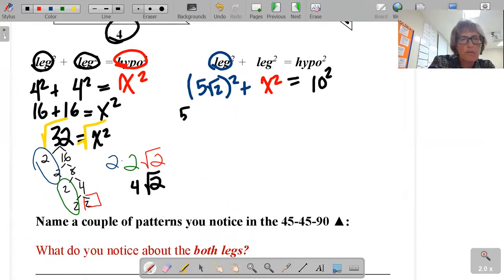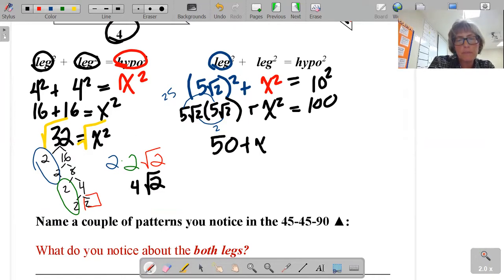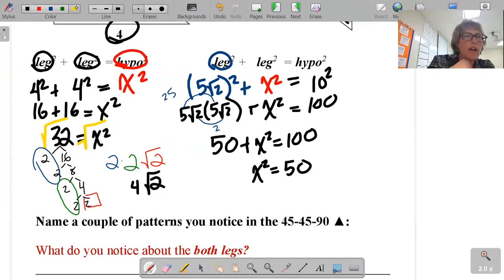Track with me. 5 root 2 times 5 root 2. Exponents expand. Outies, that's 25. Innies, that's 2. That's 25 times 2. That's 50. Subtract 50 both sides. Simplify.